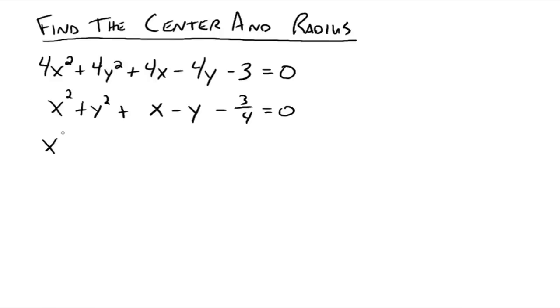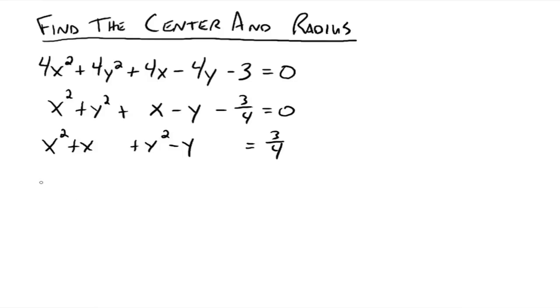Group the x's together, so x squared plus x, and then group the y's together, y squared minus y, and move the 3/4, the constant term, to the other side. All right, so what do we need to add in here to make a perfect squared trinomial for the x's there? Well, the coefficient here is 1, so 1/2 times 1, which is a half.